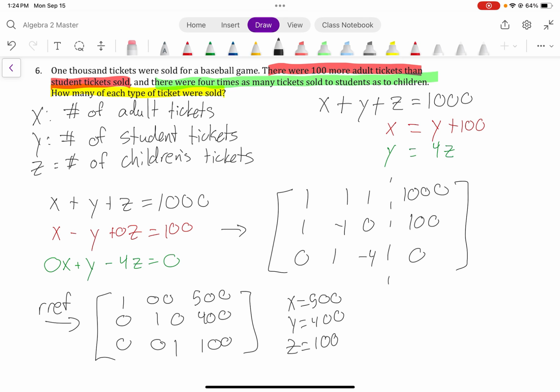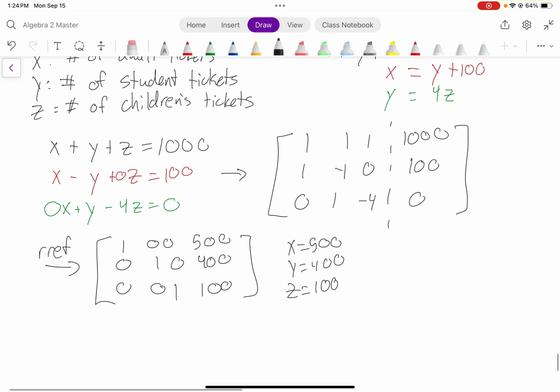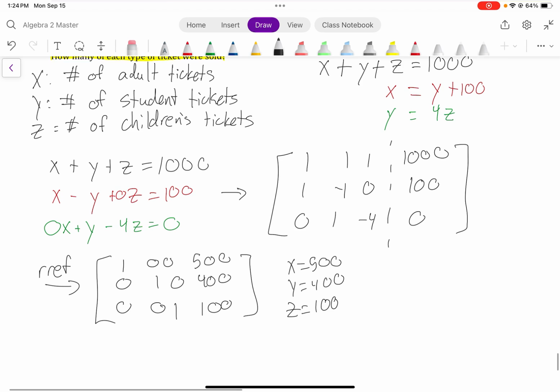We don't write this as an ordered triple because it's a word problem. We could pick whatever variables we wanted, but I should have a label or a sentence of some kind. So we're talking about a baseball game.